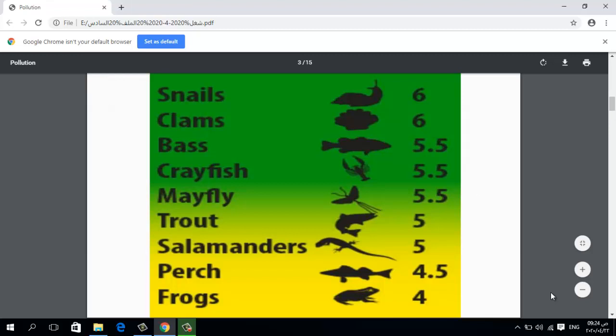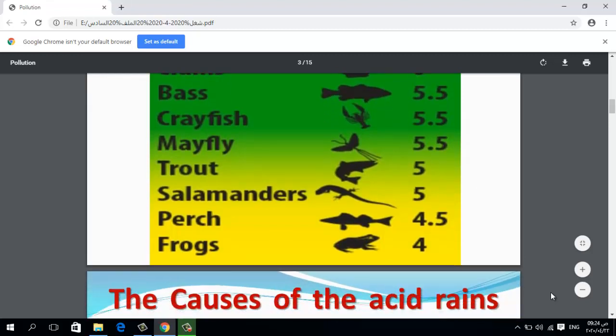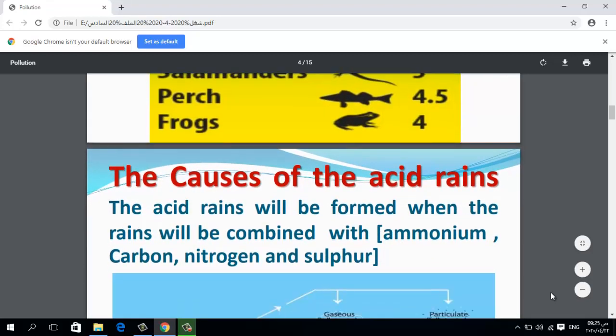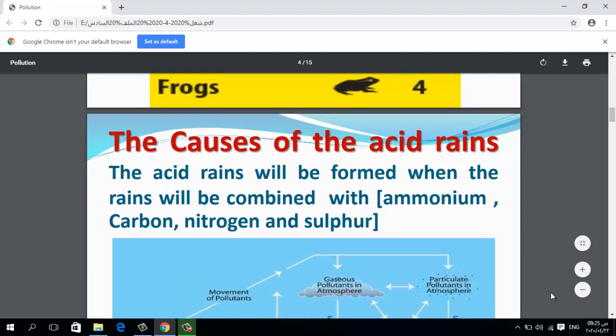But in case of even 5.6, it will be acid rain. What I want to tell you is that the effects of acid rain will not appear the same in all the towns, because maybe it's 5.6 in one town, and in another town it's 6 or 7.